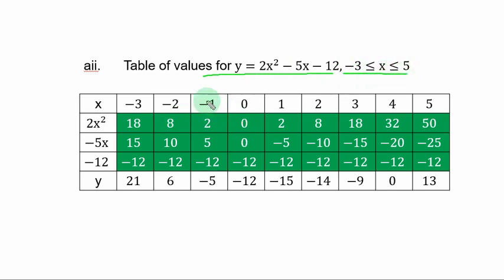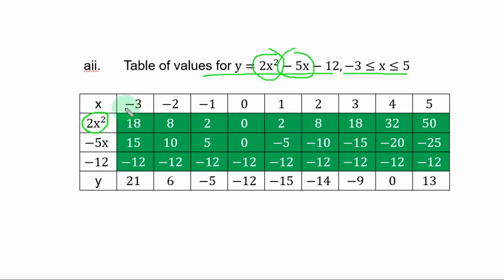Okay, now for us to solve for y, we need basically 2 things, that is 2s squared and minus 5s. Minus 12 is a constant, so you write minus 12 under each value of s because it is a constant. So let's get 2s squared.